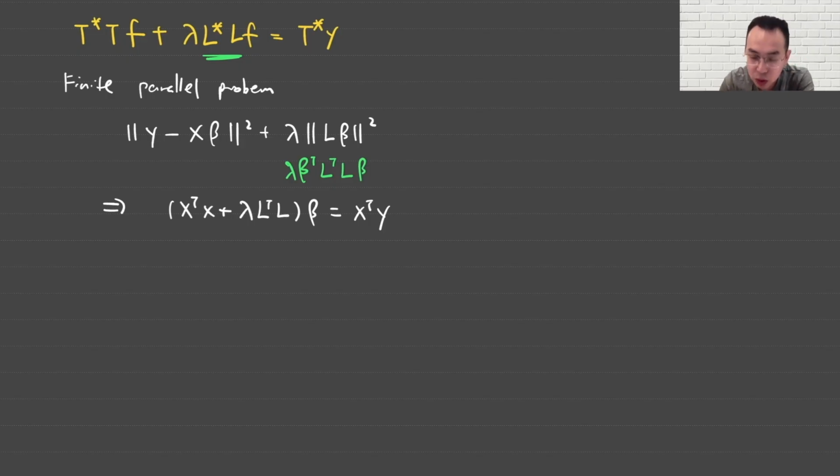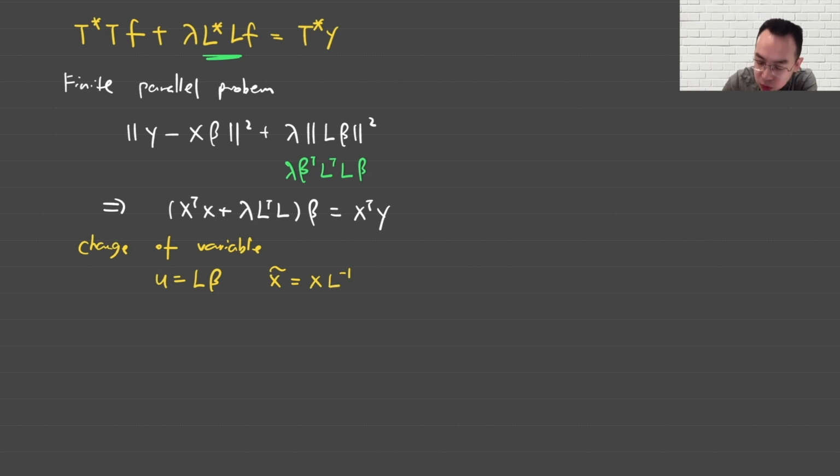Actually, if we do a change of variable, this form is going to be a lot nicer. Consider a change of variable. We define u equals L beta. Then we can also define x tilde equals x L inverse, and this requires the matrix L to be invertible.